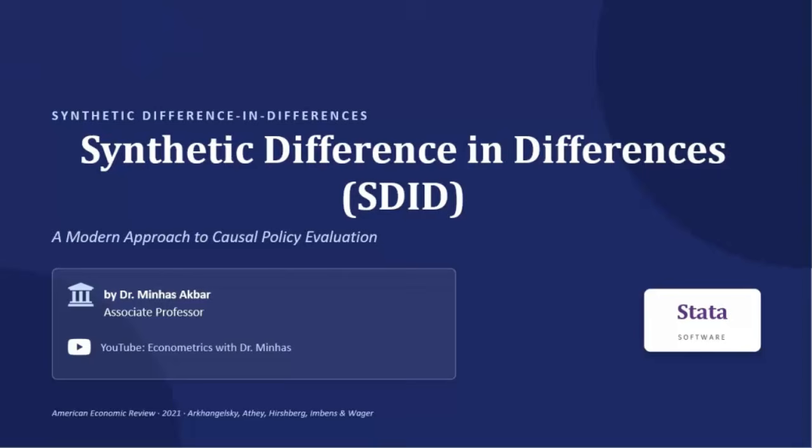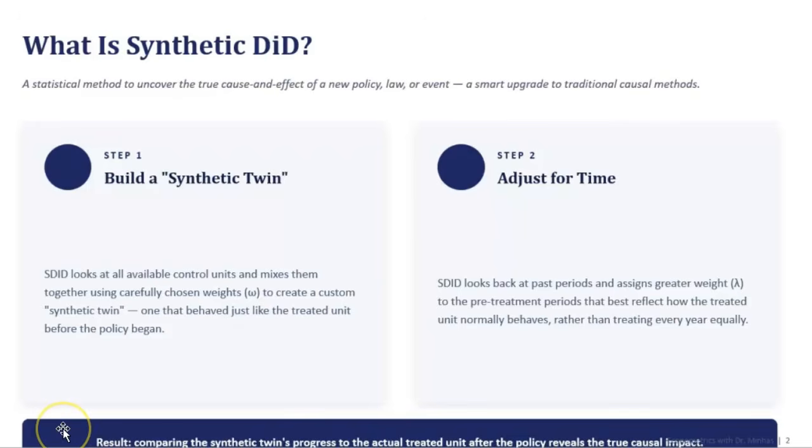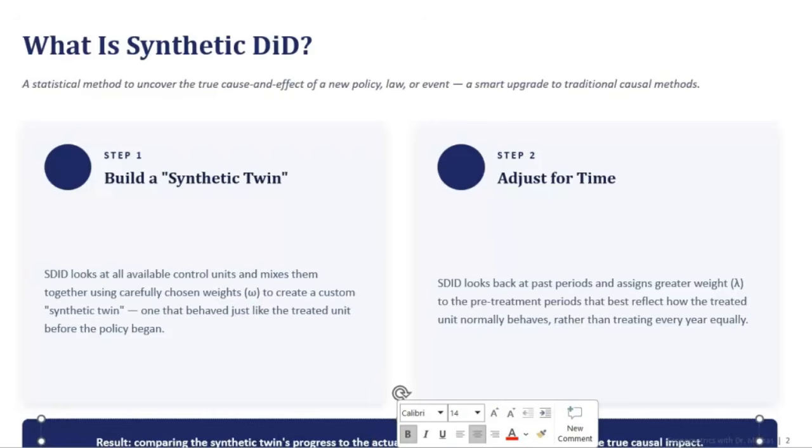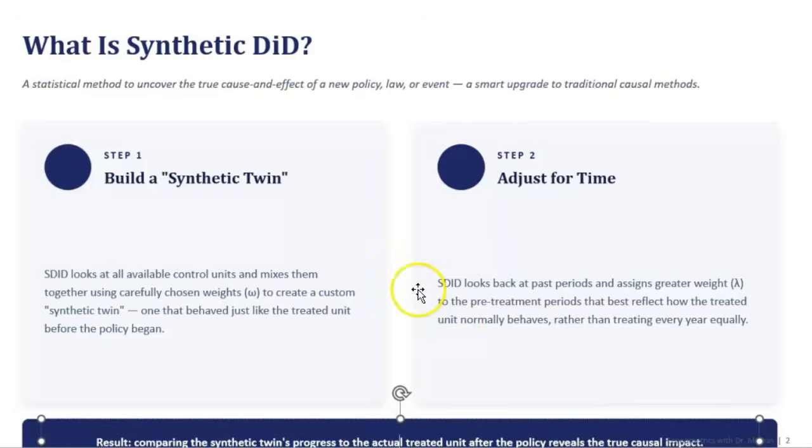First of all, the word synthetic means a synthetic control group, unlike traditional DID where we have to meet the parallel trend assumption, and if it does not meet the assumption of parallel trend, we can't rely on the results of DID. But this approach has certain benefits: it will build a synthetic twin.